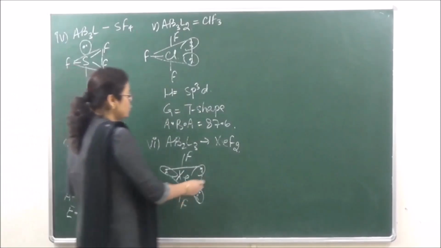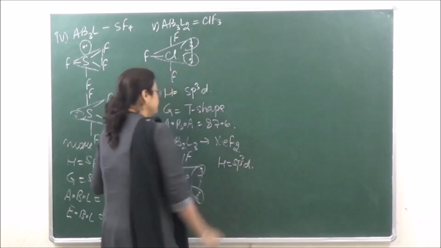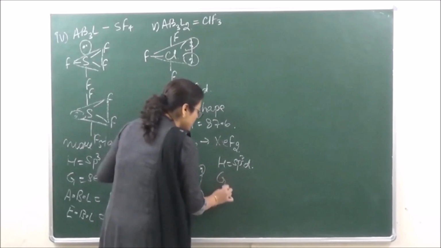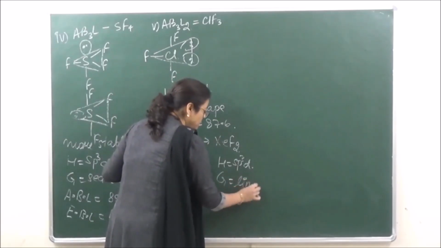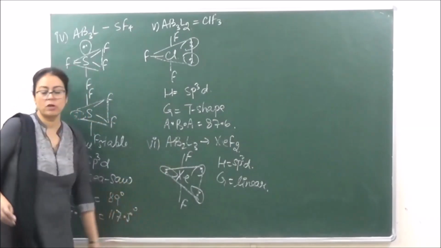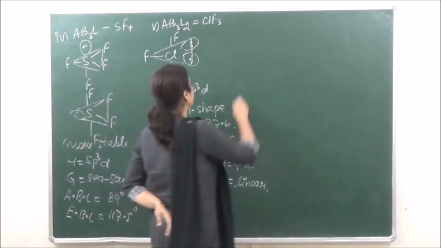Right? Hybridization is going to be sp3d. Geometry is linear. You can see that it is falling in one single line. So the geometry that is going to be linear. ठीक है?